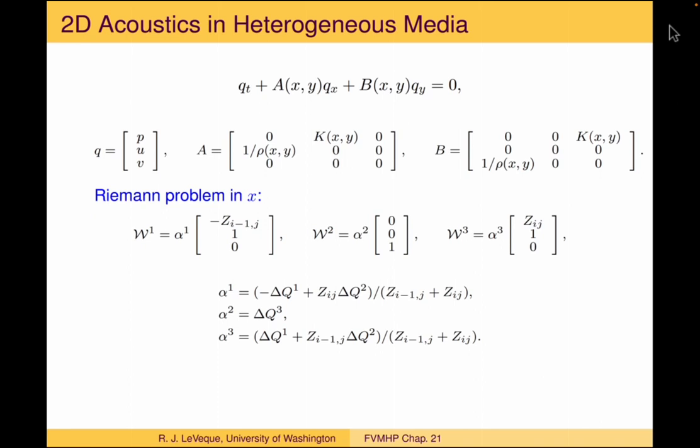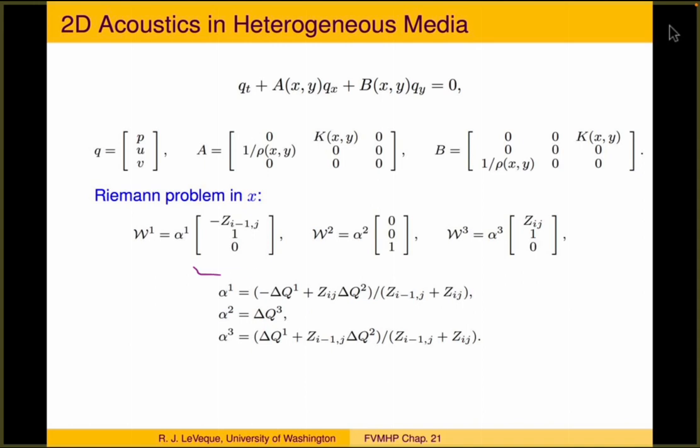And for example, in the x direction, we now have three eigenvectors. R1 and R3 just look like the eigenvectors for acoustics in 1D with a 0 in the third component. And the new eigenvector that comes in has a jump in the v velocity, but no jump in p or u.